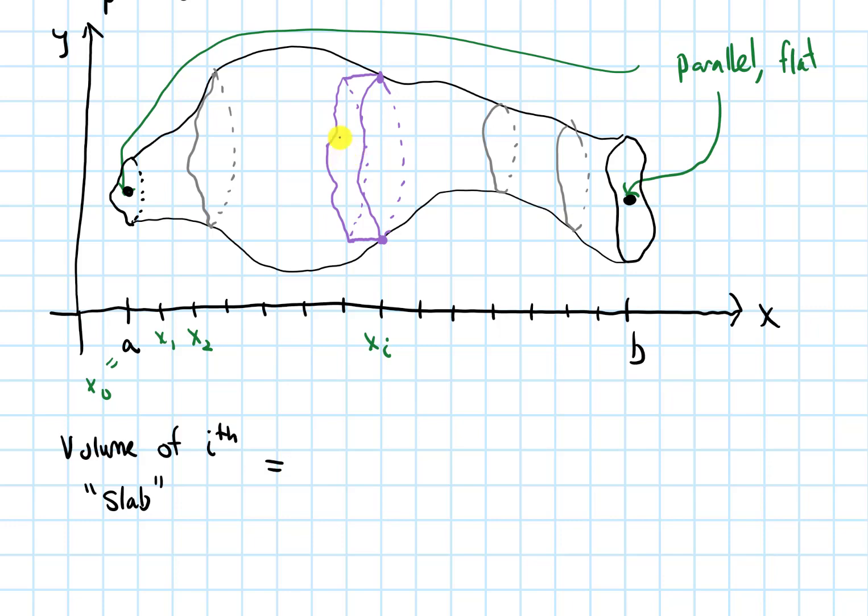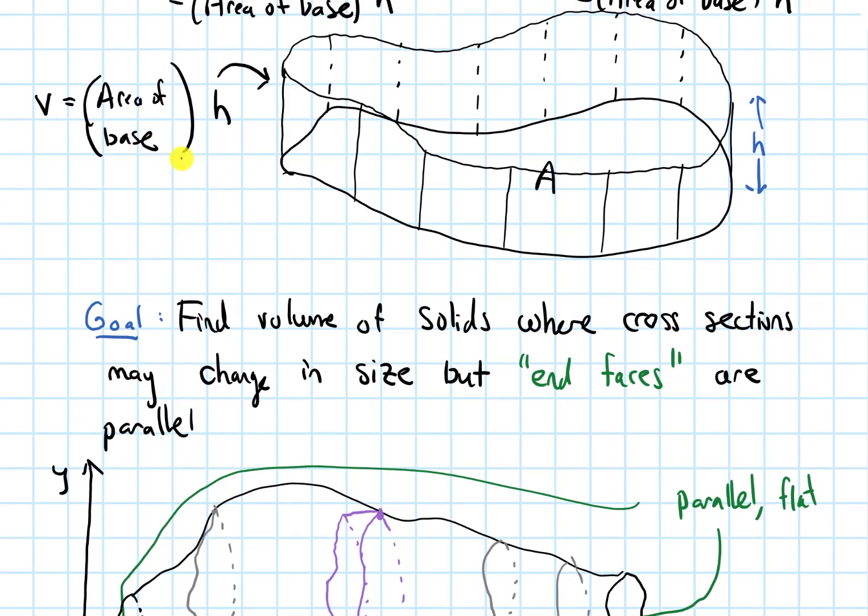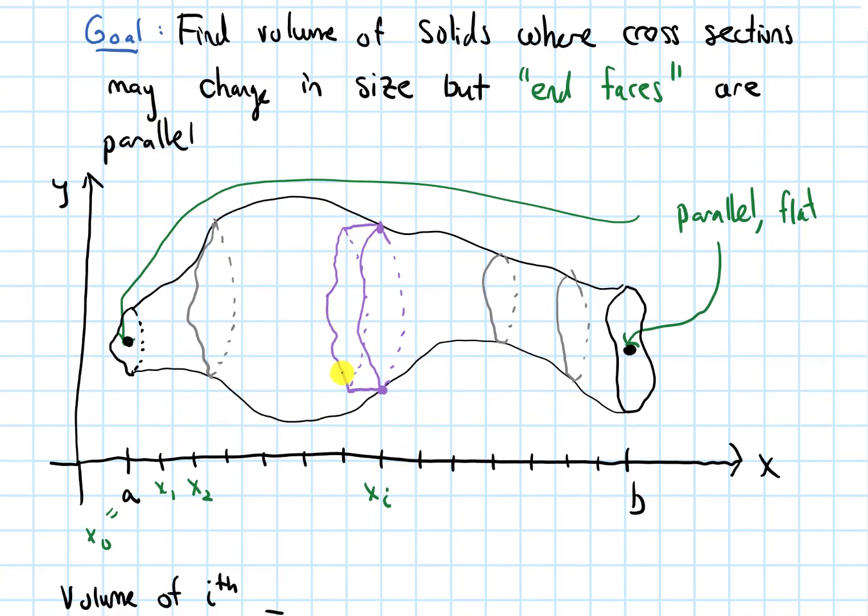For the volume of that, I'll be able to find it using the formula for volume when the bases had the exact same size and the whole way up, the cross section had the same shape. Because that's what this purple region looks like. If I were to slice it vertically anywhere, my cross section would have the exact same shape.